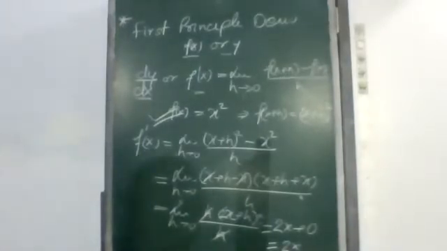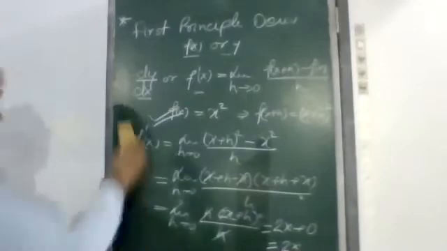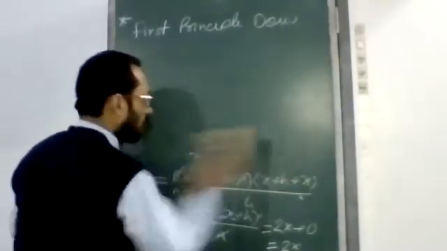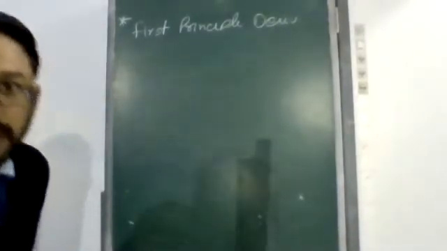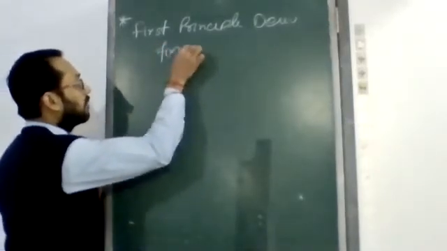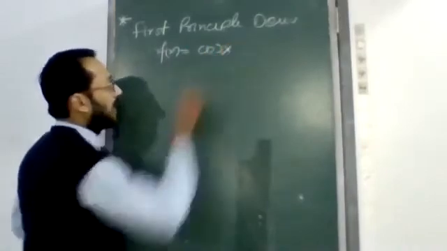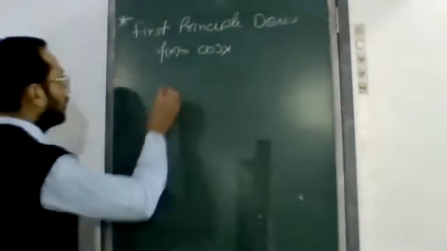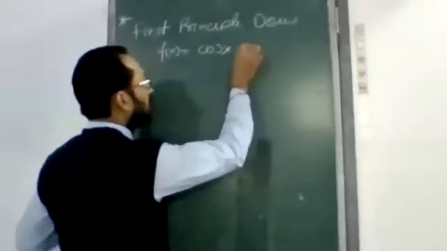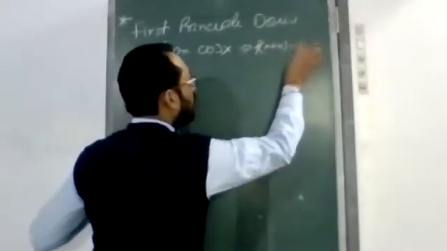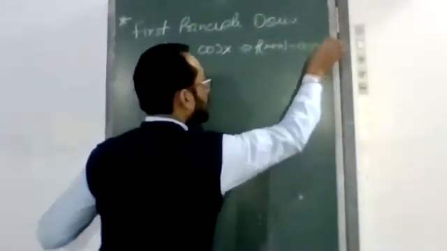So likewise we could do the questions. Another question I'm taking. Now we have the question, if f(x) equals cos x, the derivative of cos x we are going to calculate. So this implies f(x plus h) will be cos(x plus h).